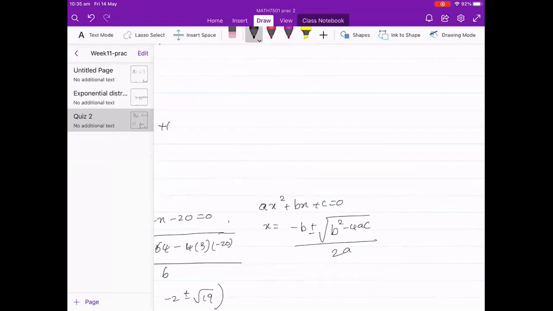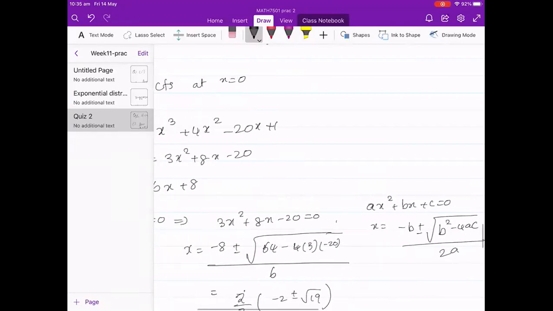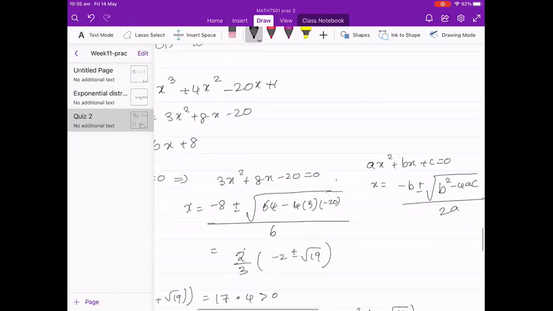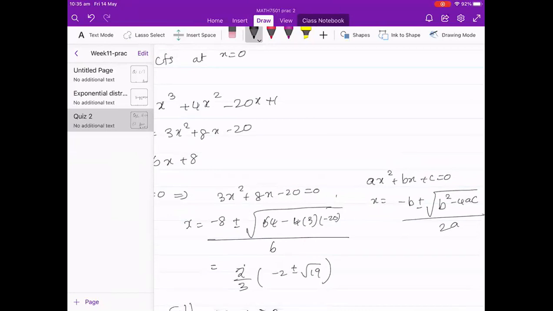That is, if your equation is ax squared plus bx plus c equals 0, x is minus b plus or minus the square root of b squared minus 4ac, over 2a, which when applied gave me this solution, 1/3 times minus 2 plus or minus square root of 19.